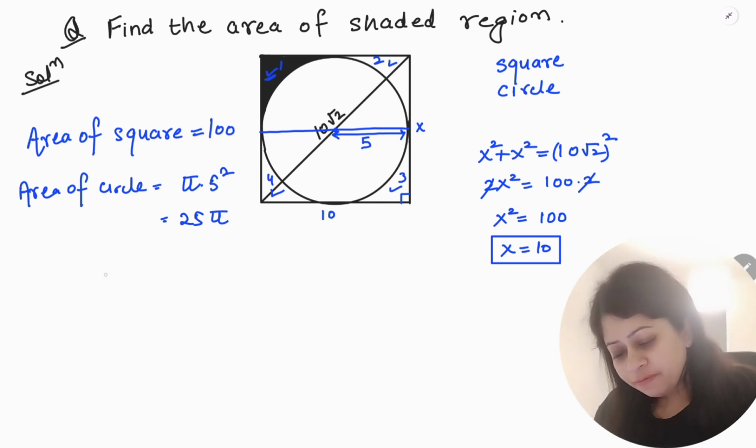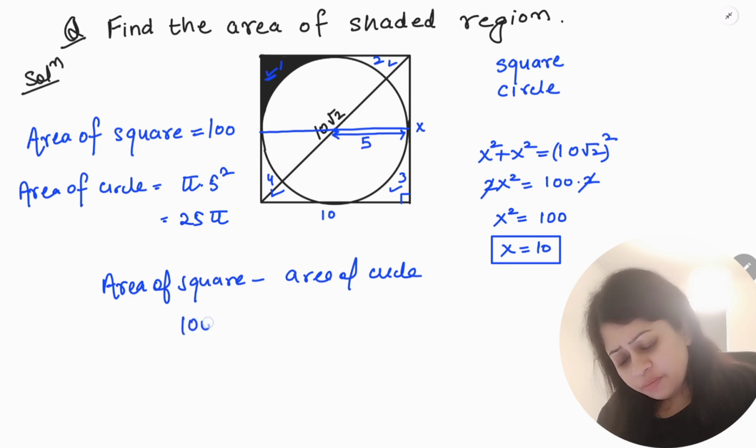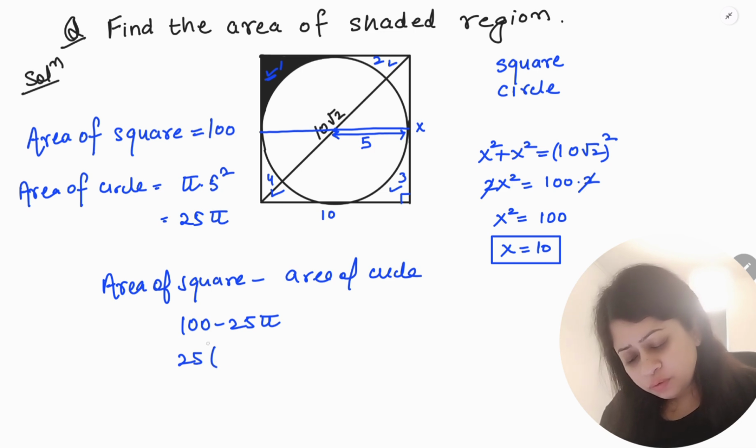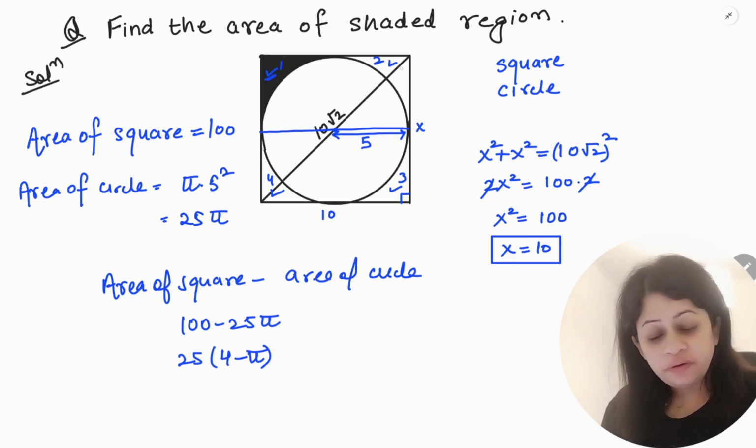Now I will find the area of the square minus the area of the circle. I get 100 minus 25 pi. If I take 25 common, this will be equal to 25 times (4 minus pi), right? So this is the area of all these four regions, whatever is left.